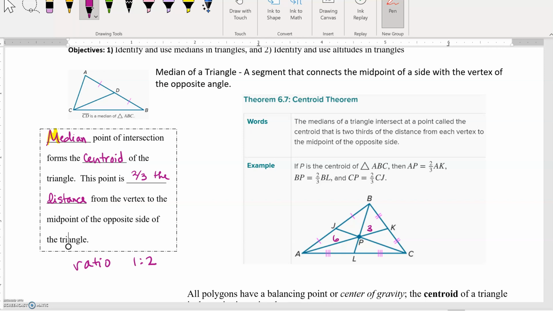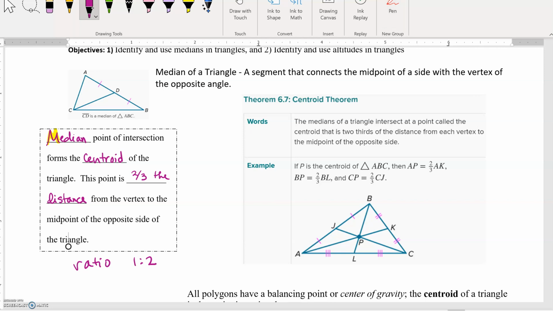If I tell you that PC is 4, then JP would have to be 2, because the 2 added together make up the whole segment. And that's what this formula is trying to illustrate. So again, if I tell you that PL is 1.5, then you know that BP is 3 because of that relationship going around the triangle.